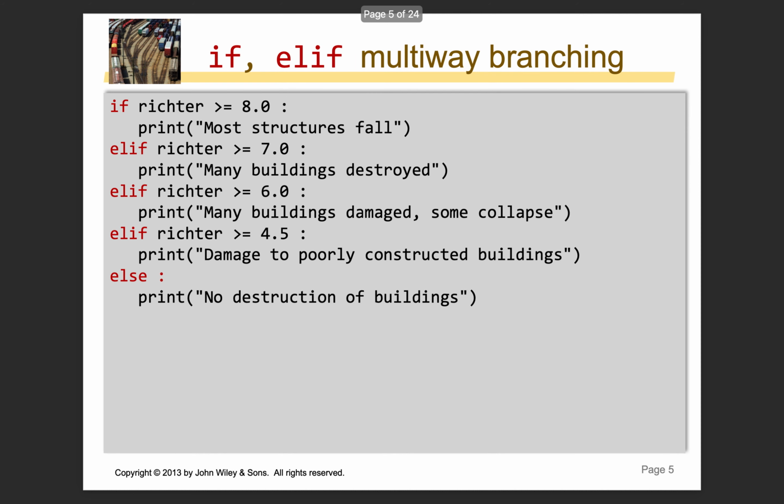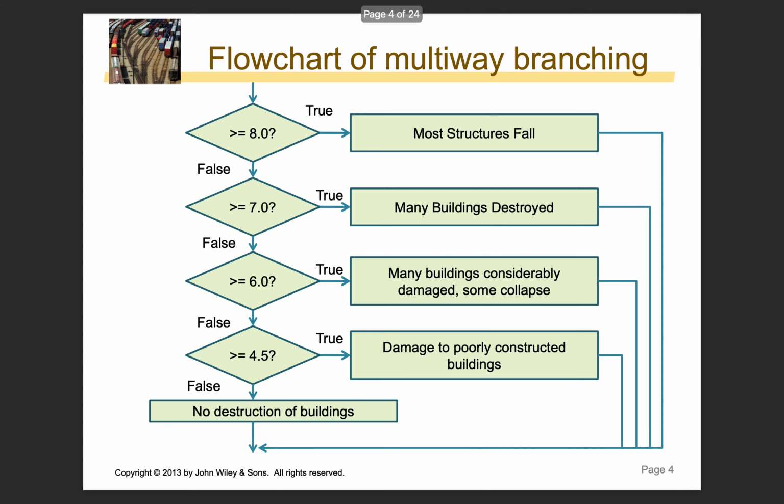Okay. So as a Python program, we have: if the value on the Richter scale is greater than or equal to 8.0, print most structures fall. Else, if the Richter scale value is greater than or equal to 7.0, print many buildings destroyed. Else if, and so on. So this is a Python implementation of this flowchart.